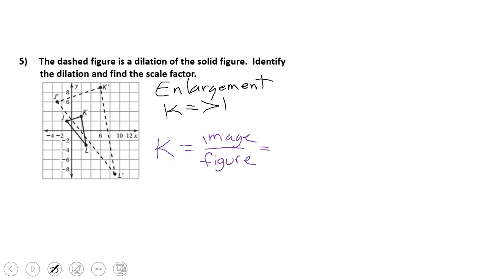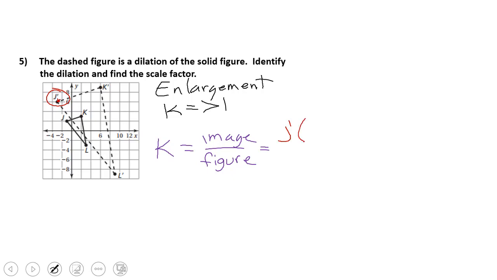All right, so I'm going to write down my image for J. What are my coordinates for J prime, rather? I'm sorry, J prime, right here, J prime. So J prime is at -3. Make sure you look at the scale on this coordinate plane and notice that it goes by 2's. So it's at -3 and up to 6.